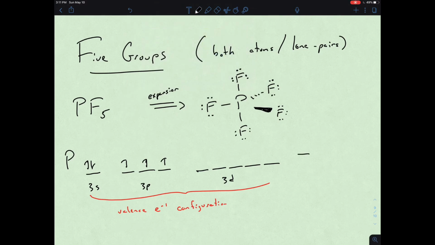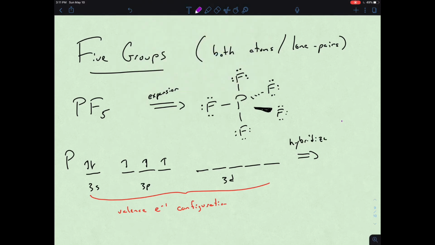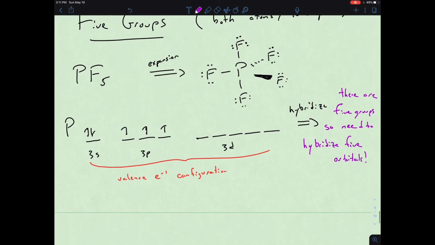But also, in order to bond and hybridize, to do that bonding process, there are basically now 5 groups. So that means we need to hybridize 5 orbitals as a result.